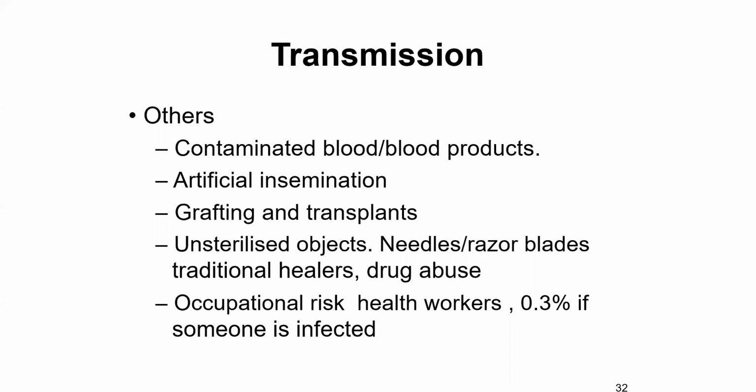But we always have protocols within our system. I think you've heard of what we call post-exposure prophylaxis. These are drugs which are taken in case someone is involved in such an accident.